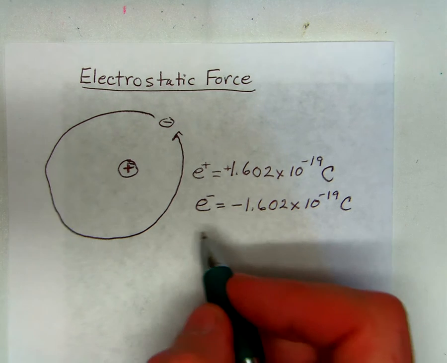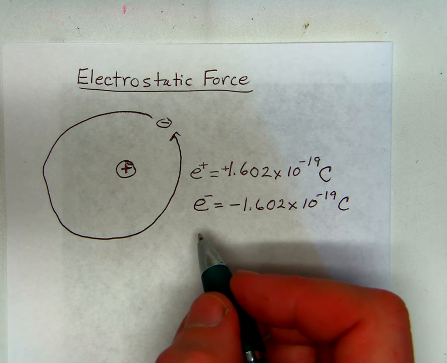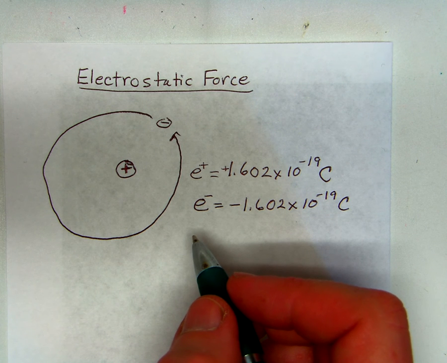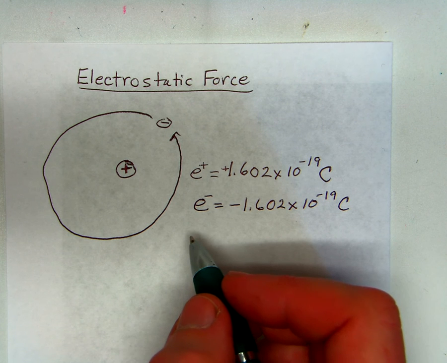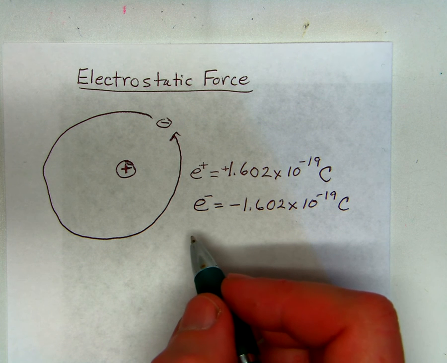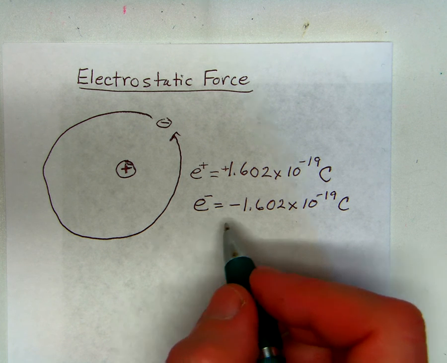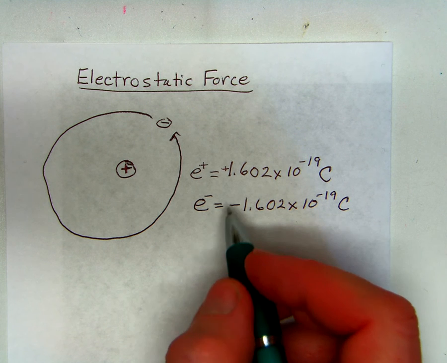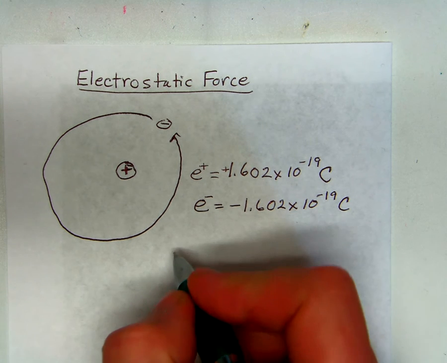Okay? And the charge on a proton and the charge on an electron are our smallest type of charges, and anytime we have charges, it will be some multiple of one of these.